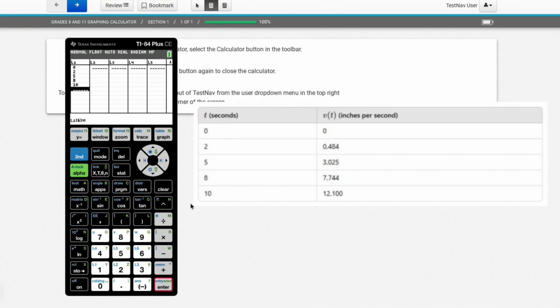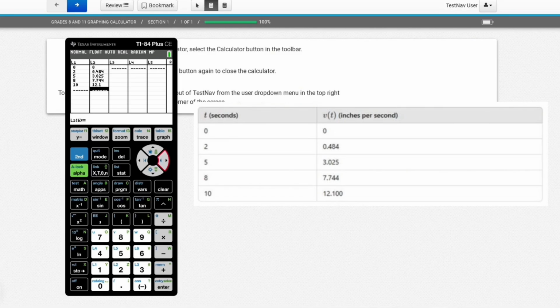Okay, so let's move to the right, and we'll put in those numbers, which was 0 again, 0.484, 3.025, 7.744, and 12.100, which is just going to be 12.1. So in this problem, if you remember, we were not just asked to find the equation. We were asked to find the equation and then use that equation to do something else.